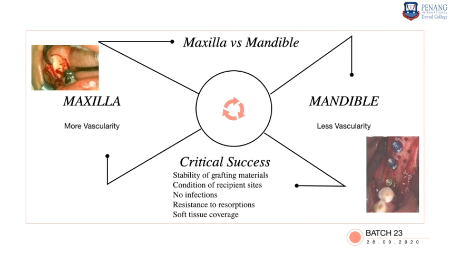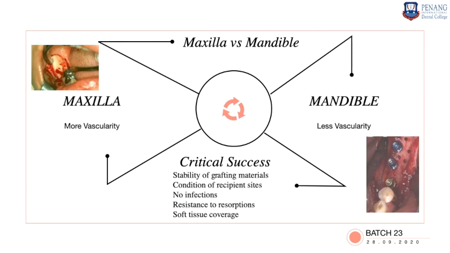The graft material should be stable and immobile for a longer time for its regeneration. The recipient site should be clean and free of infection so that it can repopulate osteoblasts and result in regeneration.